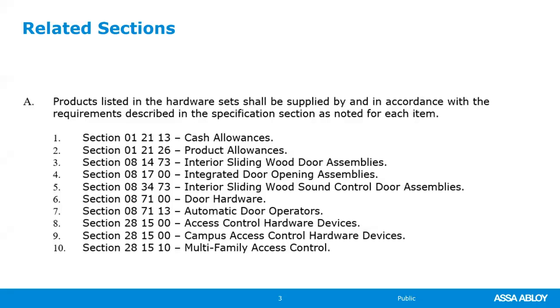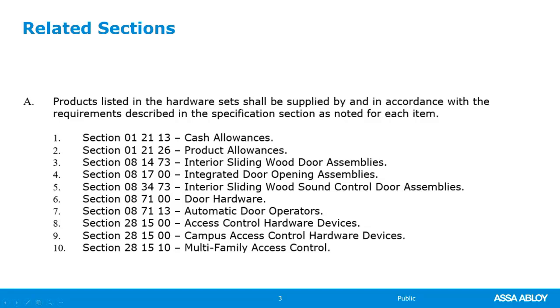Before we get into the hardware sets, I just want to point out a couple of things on ASA Abloy specifications, whether they're written from an architect. The CSI, Construction Specification Institute, has the various divisions and the various sections. These sections are the most common for the related sections. So if you see these listed in a hardware set, door hardware is 087100, that tells you that item is being supplied in that division, in that section.